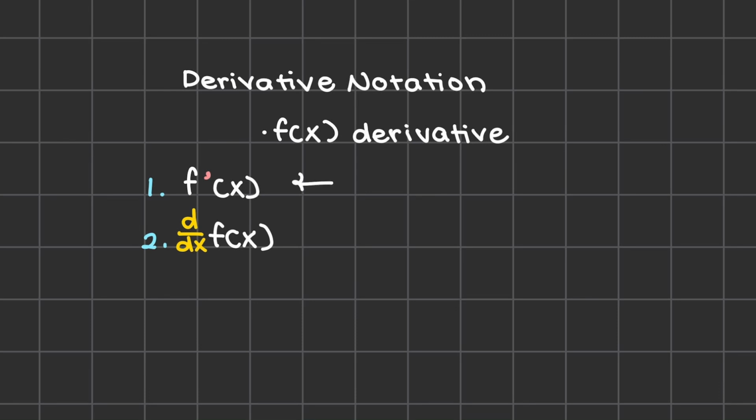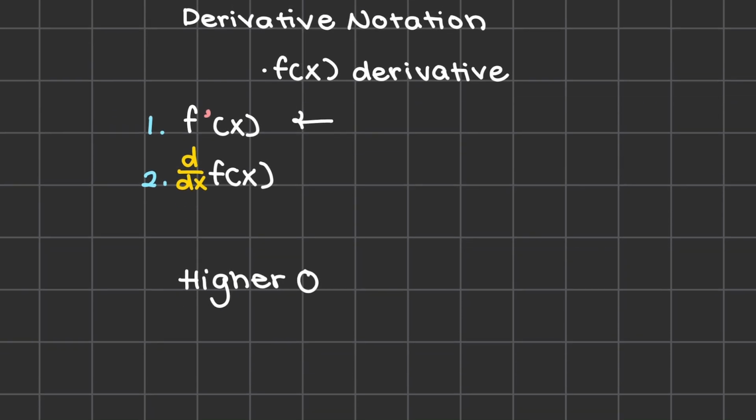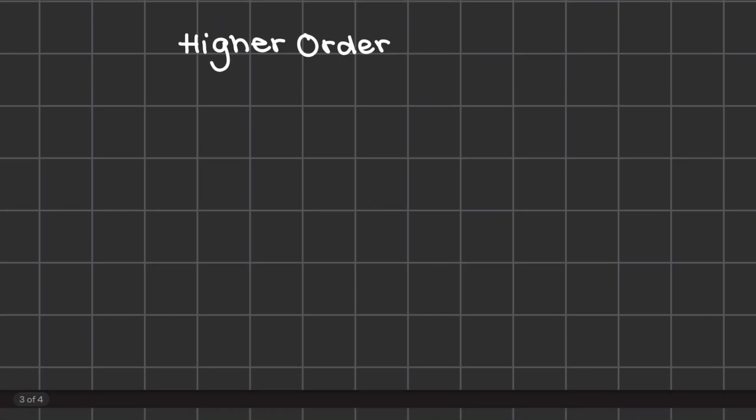Now, you can see this is a way of expressing derivatives, but what about something called higher order derivatives? We won't be getting into that right now, but what if, let's say, we want to find the derivative of something that has already been derived? So for example, let's find the derivative of f prime of x. What is the derivative of f prime of x?